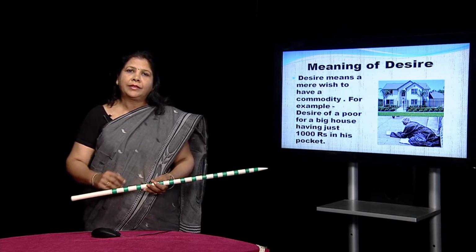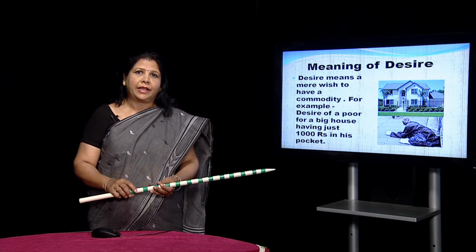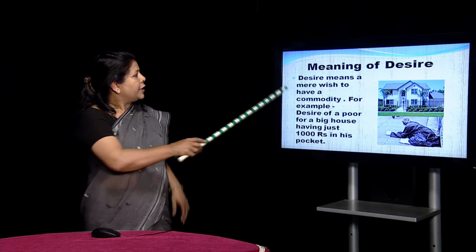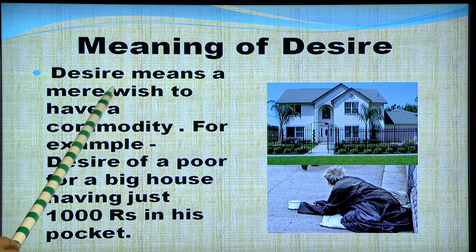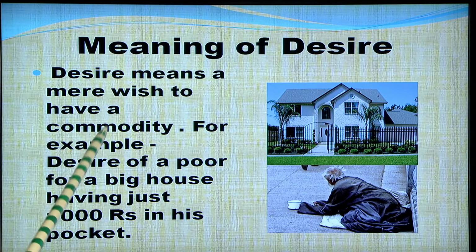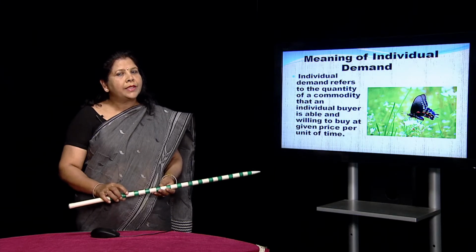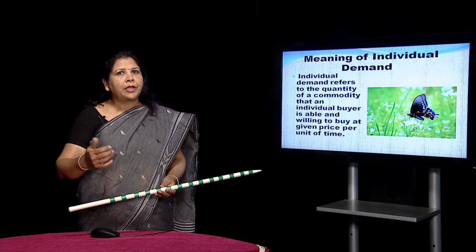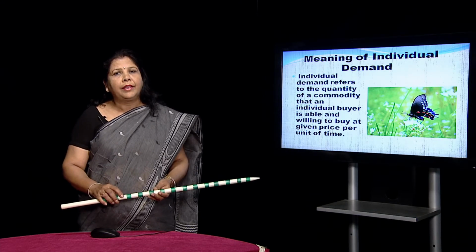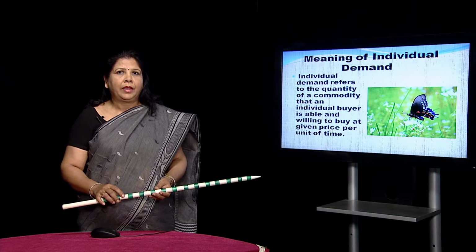How is demand different from desire? Desire means a mere wish to have a commodity. For example, the desire of a poor person for a big house, having just rupees 1000 in his pocket. So how is this poor person able to convert his desire into demand?